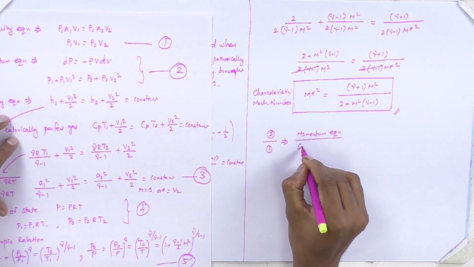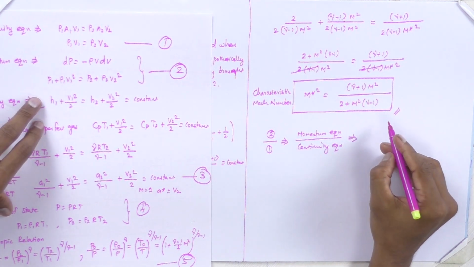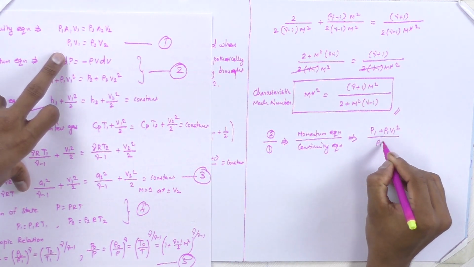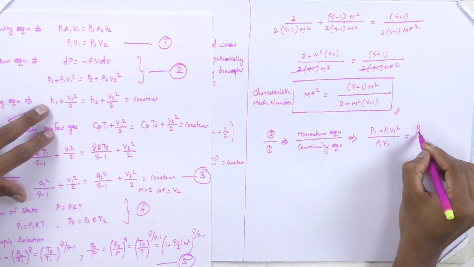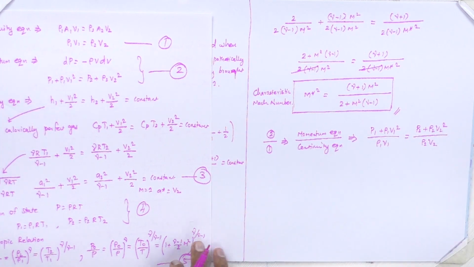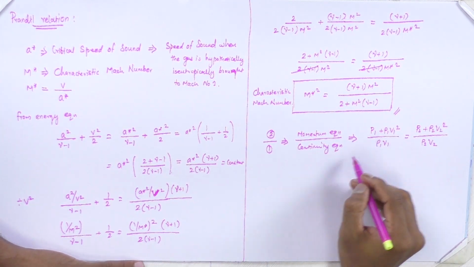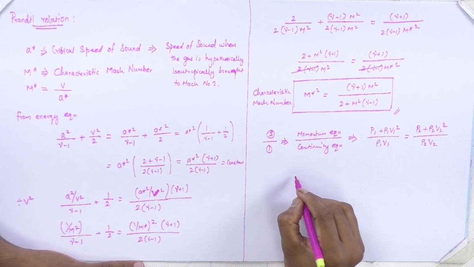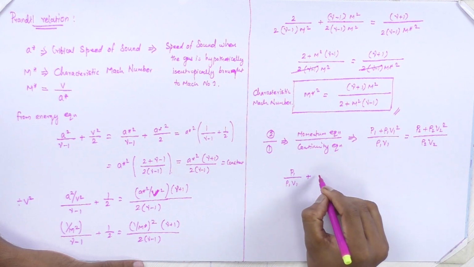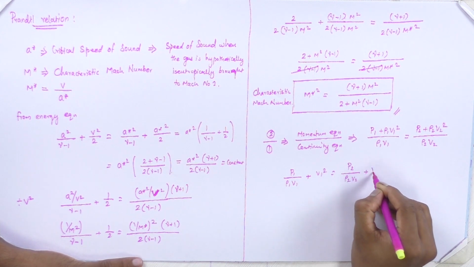This yields P1 plus rho 1 V1 squared divided by rho 1 V1, is equal to P2 plus rho 2 V2 squared divided by rho 2 V2. See, if we split this term, we will get P1 by rho 1 V1 plus V1, is equal to P2 by rho 2 V2 plus V2.